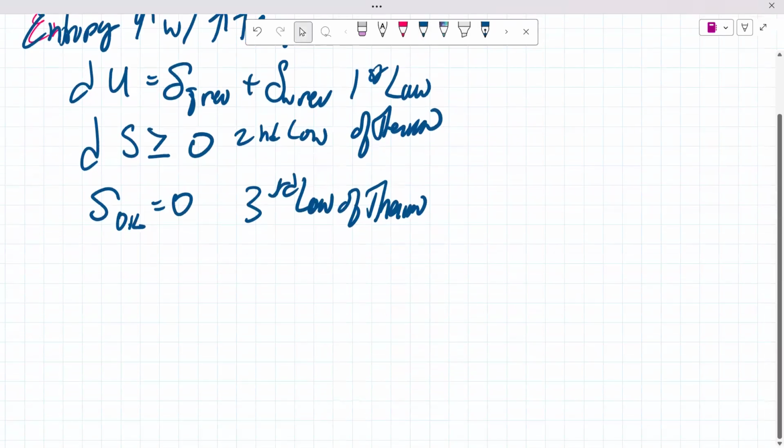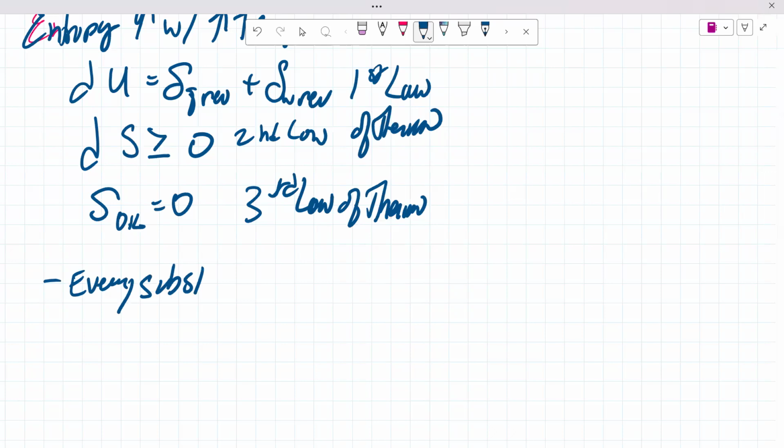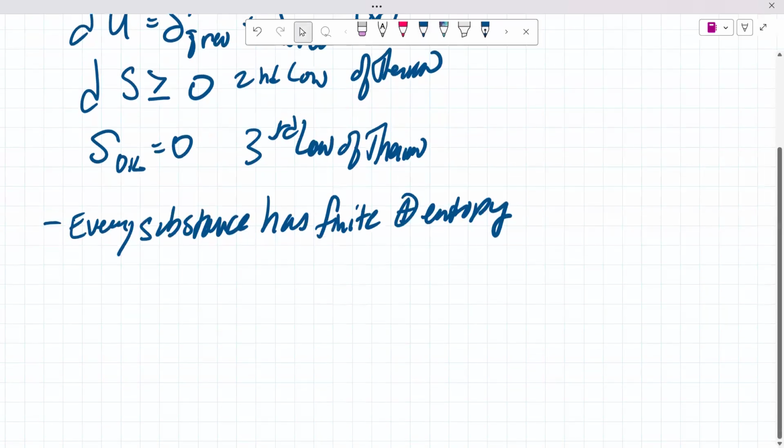So every substance has a finite positive entropy, and that's because it's not frozen solid. It's not a crystalline thing. Biomolecules have quite a lot of entropy actually.